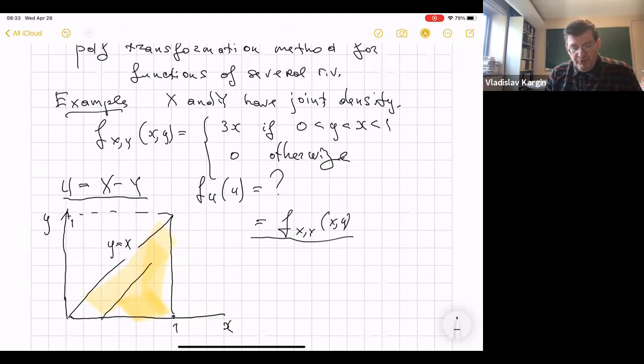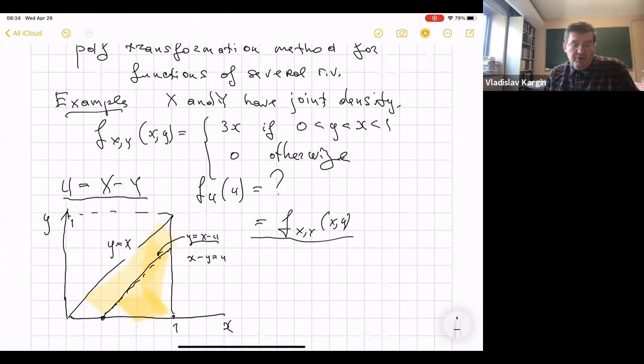They all lie on the line y equal to x minus u. From this you see that x minus y is equal to u, so on all the points of this line, u takes the same value.